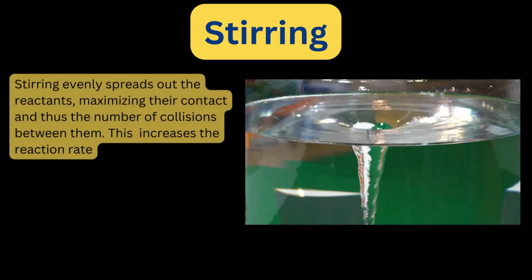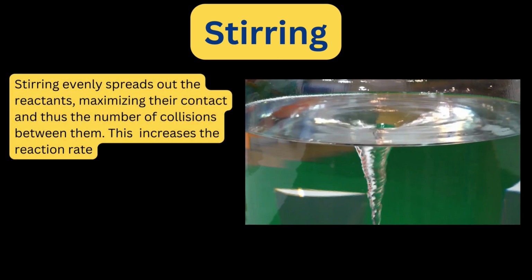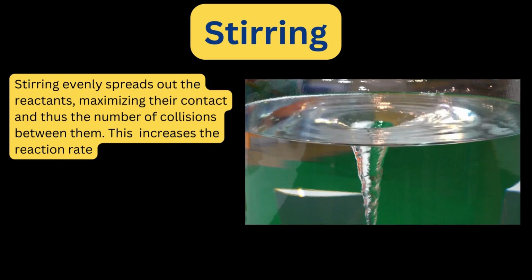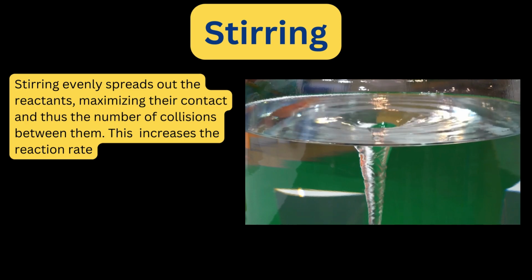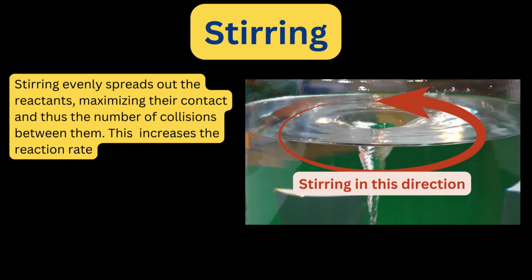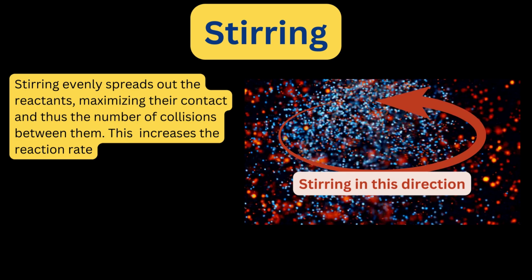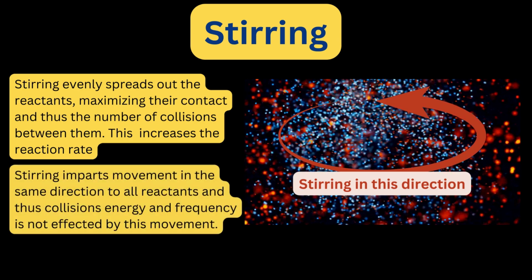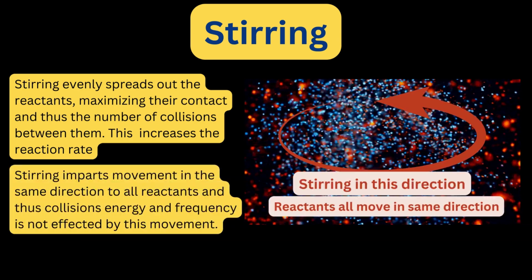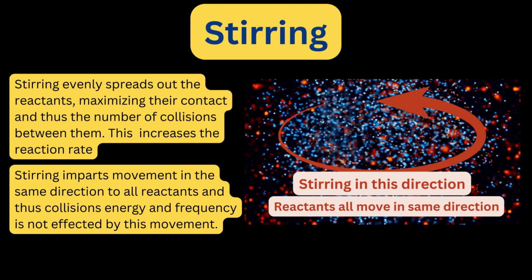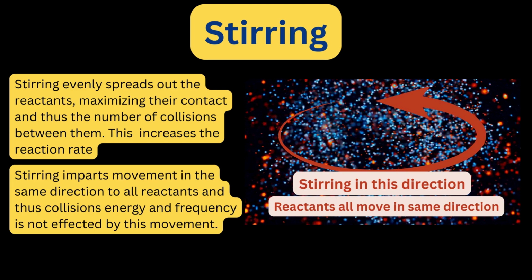It's not about increasing the speed of the collisions. It's about increasing the number of them. Contrary to common belief, stirring doesn't make the collisions more frequent or energetic by increasing the reactant speed. This is because stirring imparts movement in the same direction to all reactants, and thus collisions are not affected in this way.